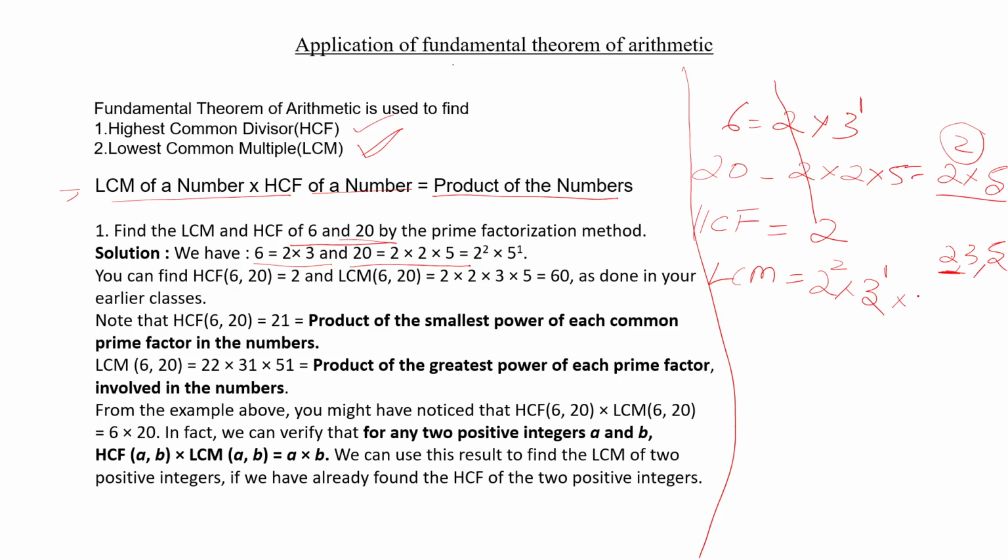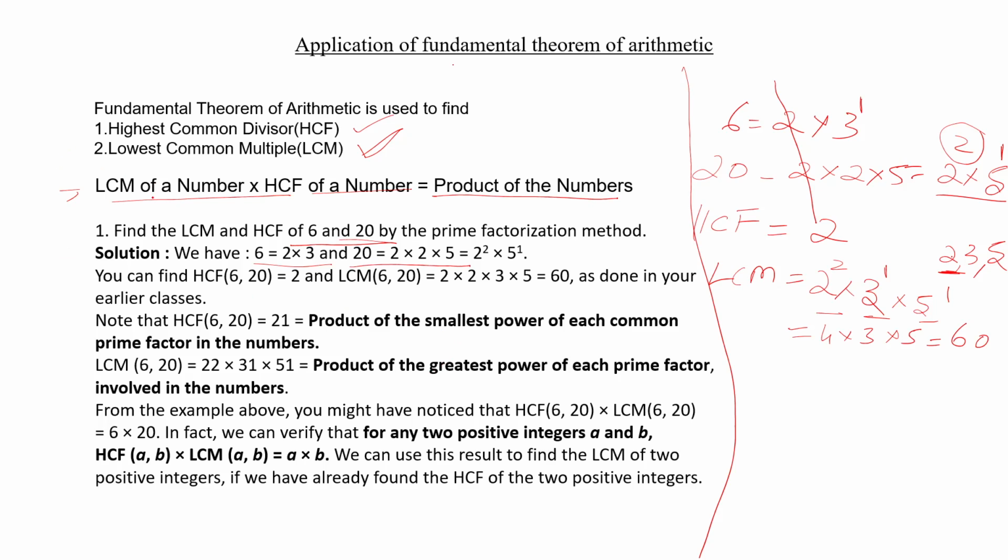What is the highest power of 5? 5 power 1. So you have to multiply all the highest powers of each factor so that you can find the LCM. 4 into 3 into 5, 12 into 5, 60. 60 will be the LCM here. Okay, so now what do we have to prove?